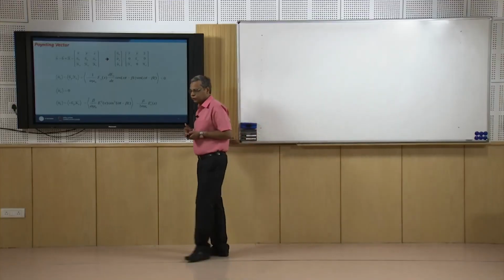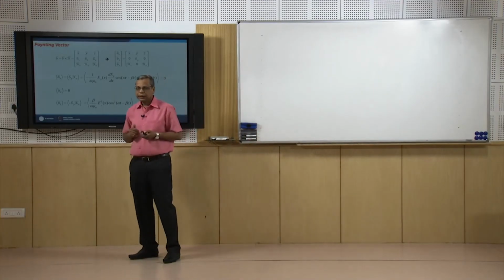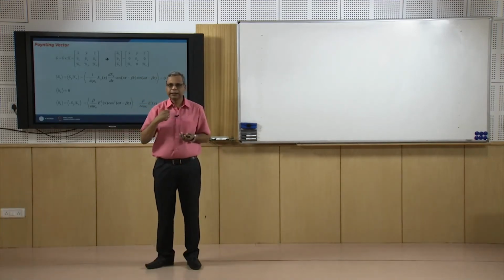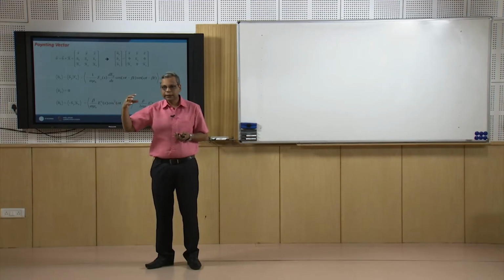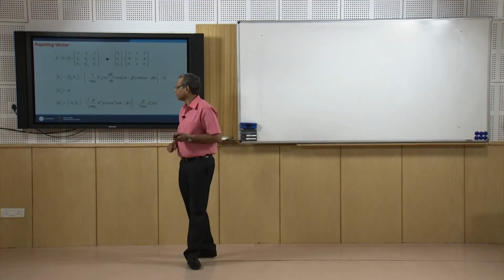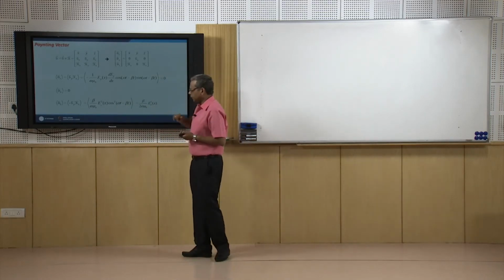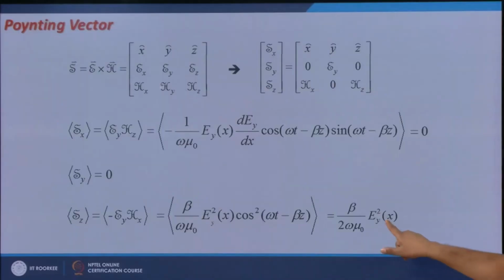This is obvious, this is understandable, because my mode is propagating in the z direction, so it should carry energy along the z direction. So, this is the intensity. If I know the modal field, that is Ey of x, then I can find out the intensity.